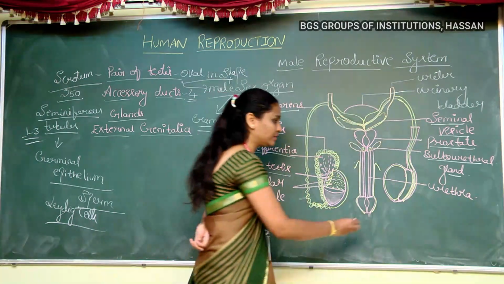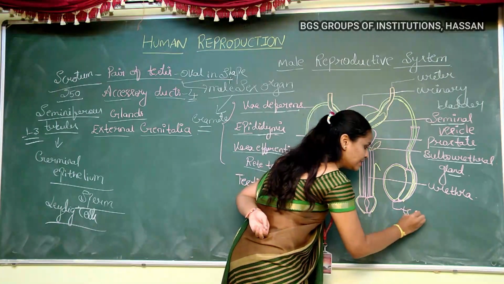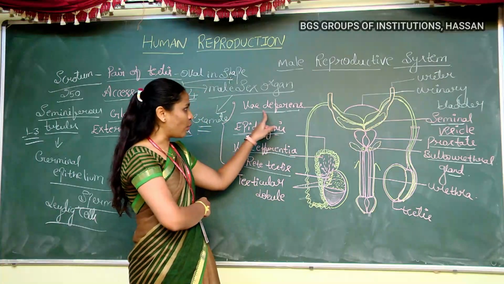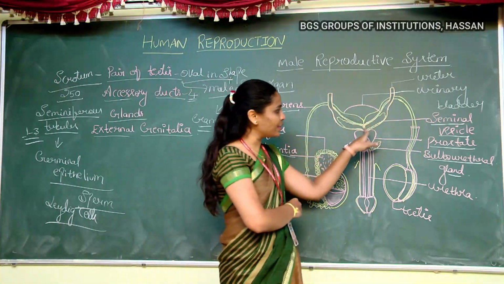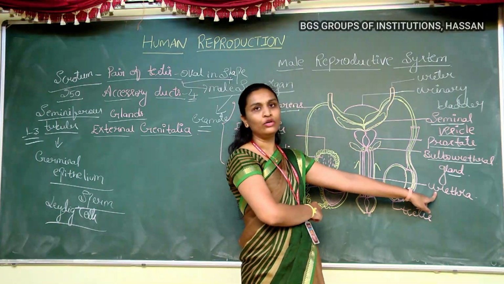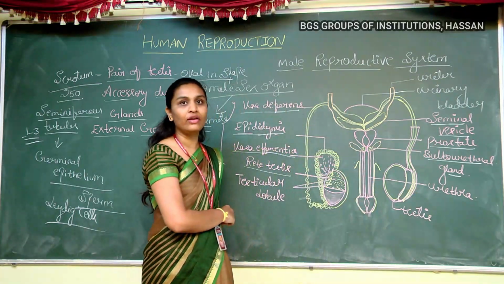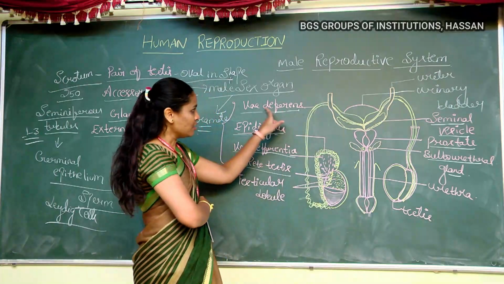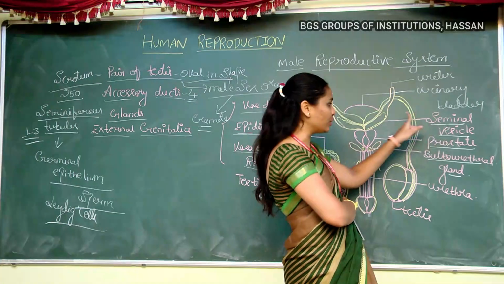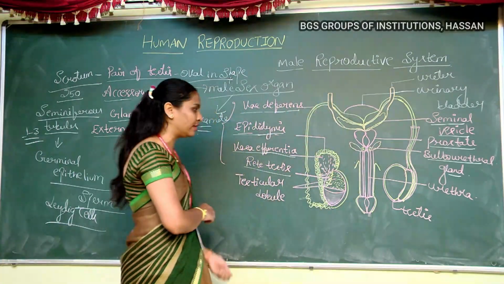This is known as urethra. It's a male sex organ, that is testis. The vas deferens receives a duct from seminal vesicle and opens into urethra as a ejaculatory duct. So, vas deferens ಏನು ಮಾಡುತ್ತೆ ಅಂದರೆ seminal vesicle ಗೆ ಜಾಯಿನ್ ಆಗಿ urethra ಗೆ ಓಪನ್ ಆಗುತ್ತೆ as a ejaculatory duct.